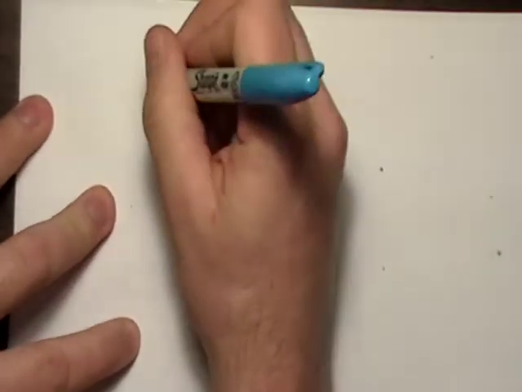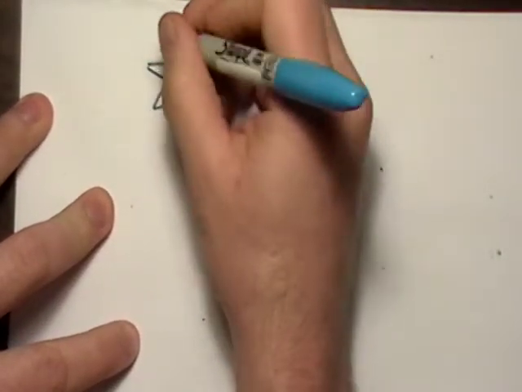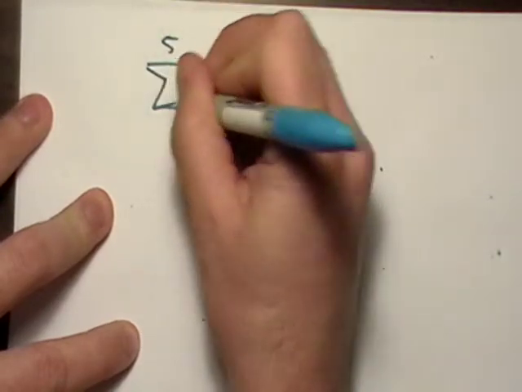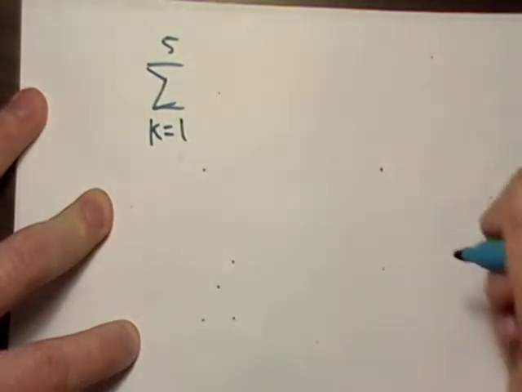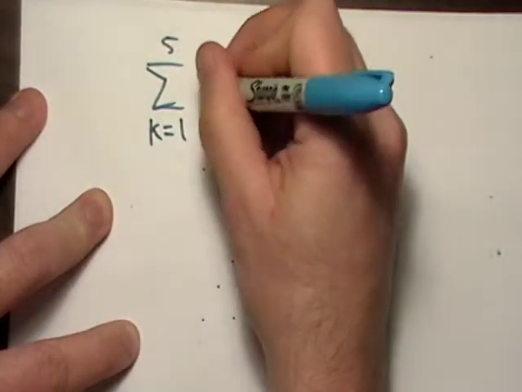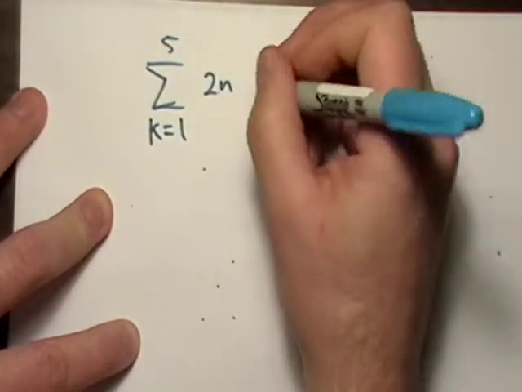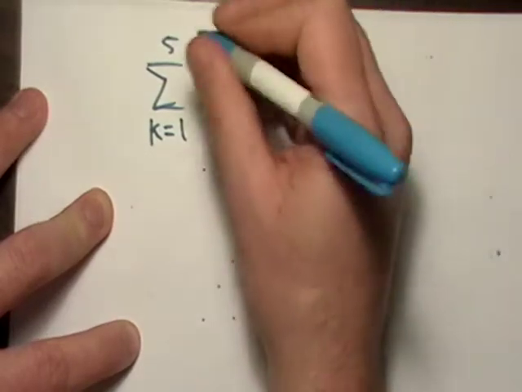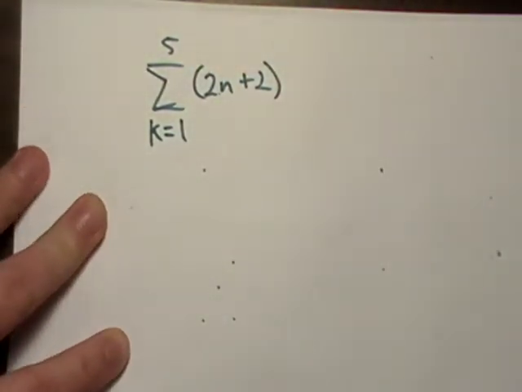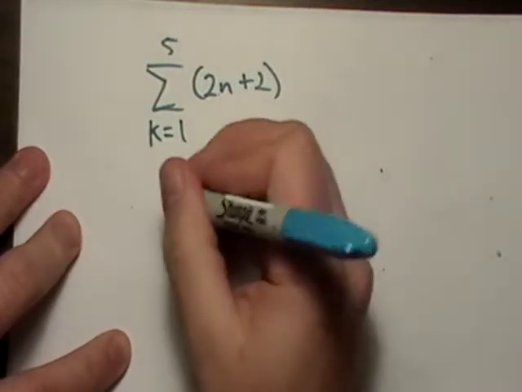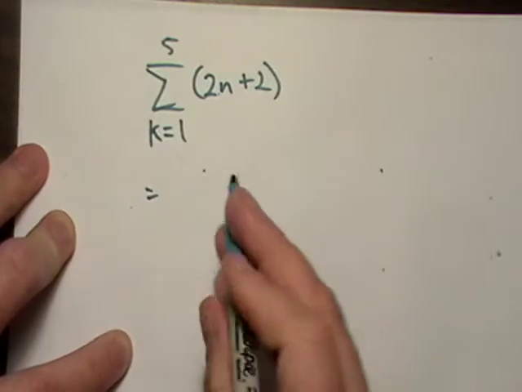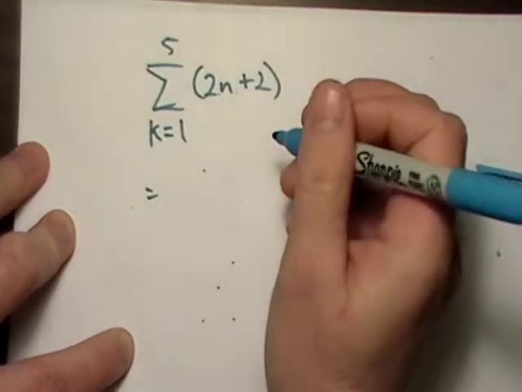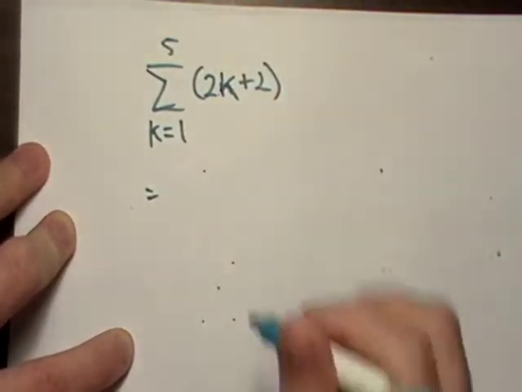Okay, so let's say we go to 5, and let's start at k equals 1, and let's say our formula is 2n plus 2. So there's our formula, 2n plus 2. Well, that means we're going to start with 1, and we're going to end with 5 for our n here. Actually, it'll be k, I'm sorry.